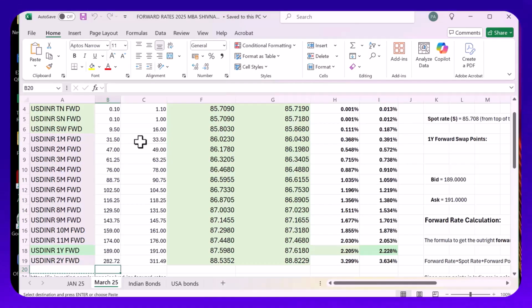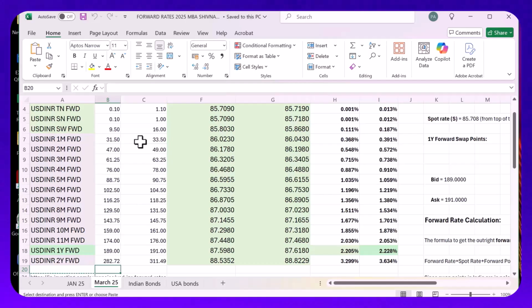I have added the base rate plus this. This is divided by 100 and then added to the spot rate. And this is divided by 100 and added to the spot rate. Is that okay? Fine. So both the rates I have divided by 100.